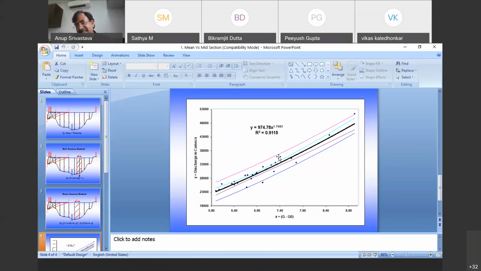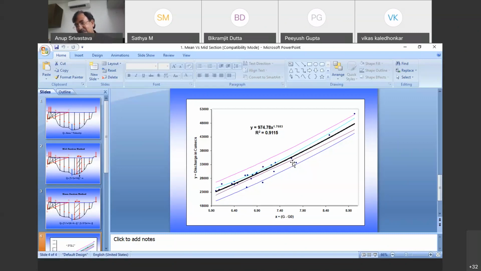What are these two lines, these two color lines on either side? These are a very interesting part of fitting a rating curve, and anyone engaged in discharge measurement or fitting of a rating curve should know it.